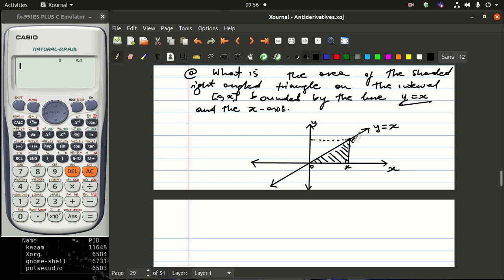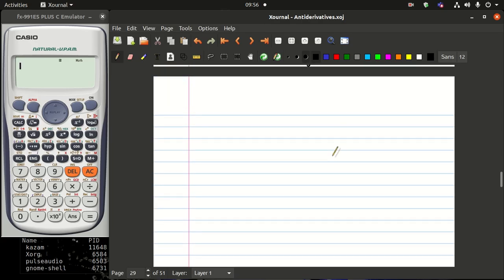So this point here, the x coordinate is x, and when I'm plugging it here, the y coordinate is also going to be x, because y is equal to x at all the points that are on the curve. Which means moving from this point to that point, we are having an x, and moving from this side to that side, we are having an x. So we wanted to find the area of that.